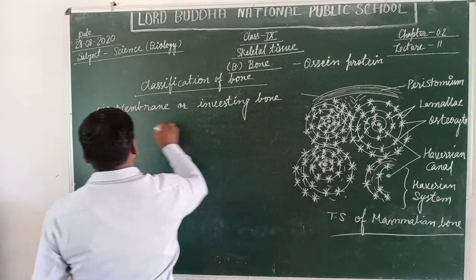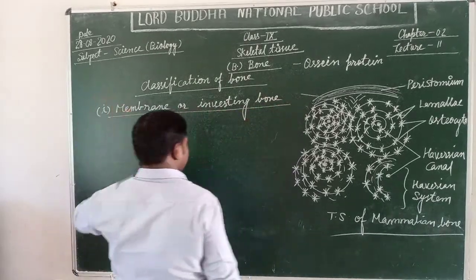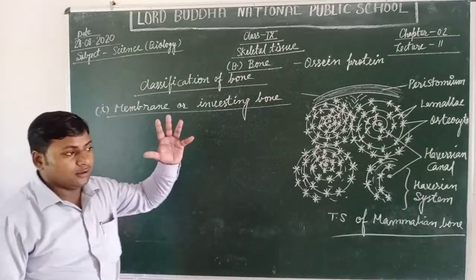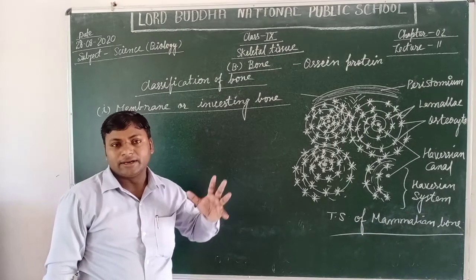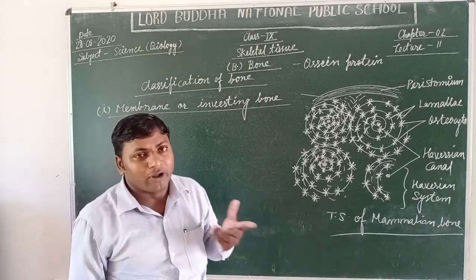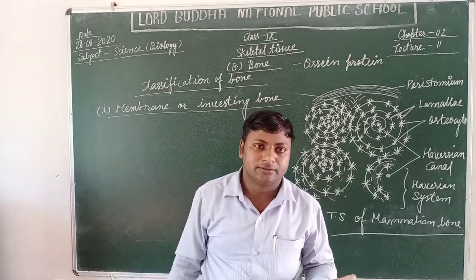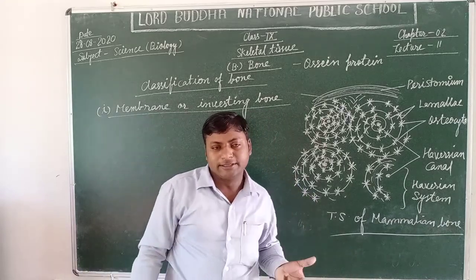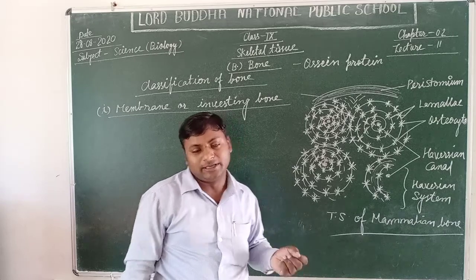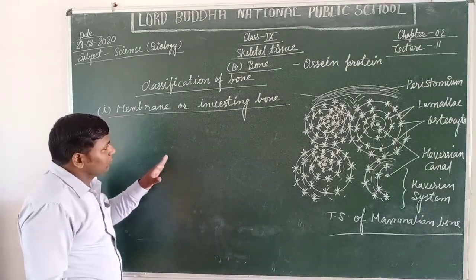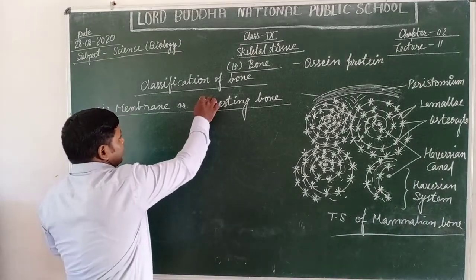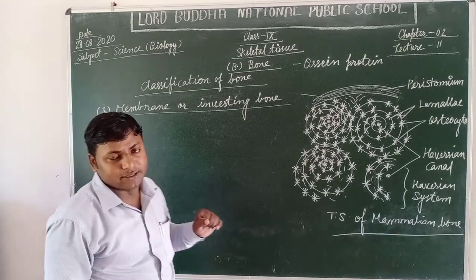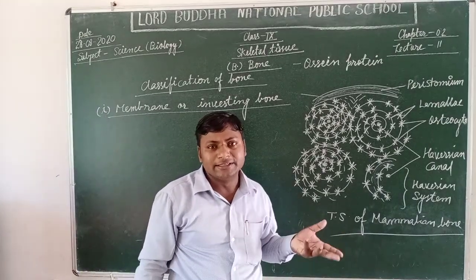Students, the membrane or investing bones are mainly found in the bones which originate from the embryonic dermis layer. They form a membranous, layer after layer structure that is also called meninges.